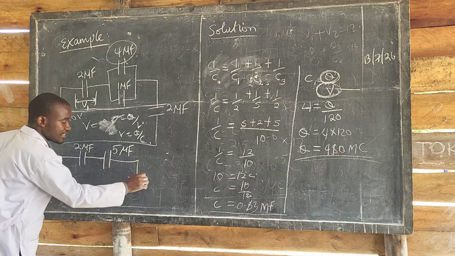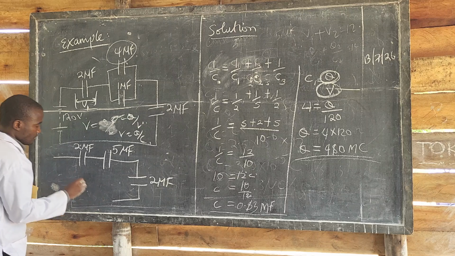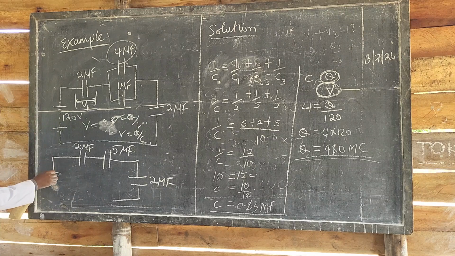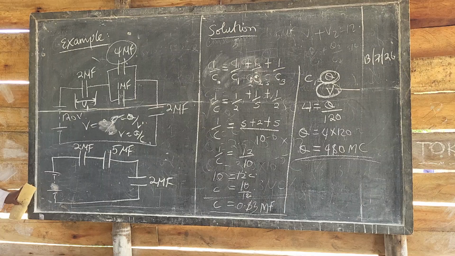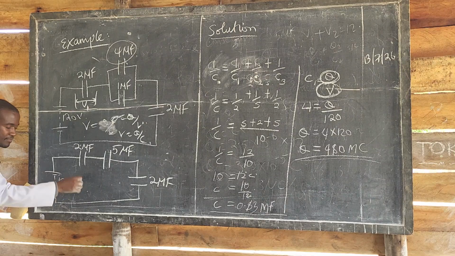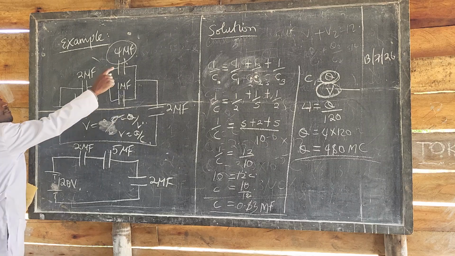Then she has this as 2 micro. Then she has the source. This is 120. I want to see everybody writing, including you. We are looking for the charge on the 4 microfarad capacitor.